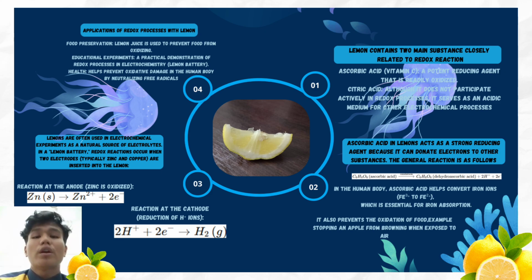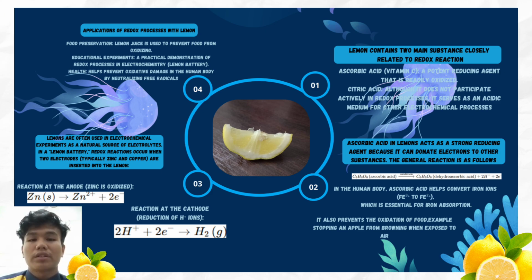Lemons are often used in electrochemical cells like the lemon battery. Reaction at the anode: zinc becomes oxidized, from Zn to Zn2+ plus 2 electrons. Reaction at the cathode, reduction of H+ ions: 2H+ plus 2 electrons become H2.